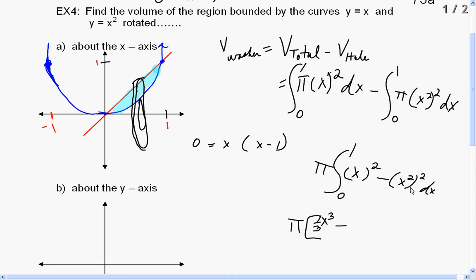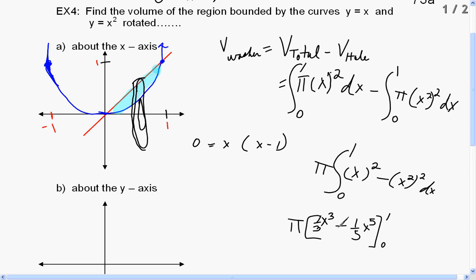This is minus, of course x squared squared is x to the fourth, so add 1 to get a 5, divided by the new, that's 1/5 x to the fifth. And I'm evaluating this from 0 to 1.